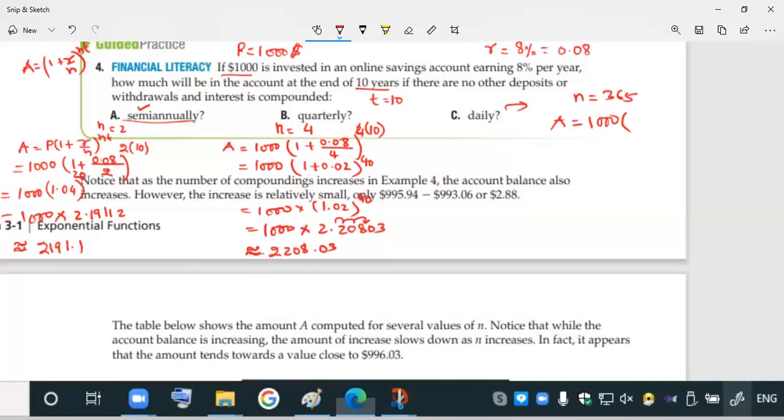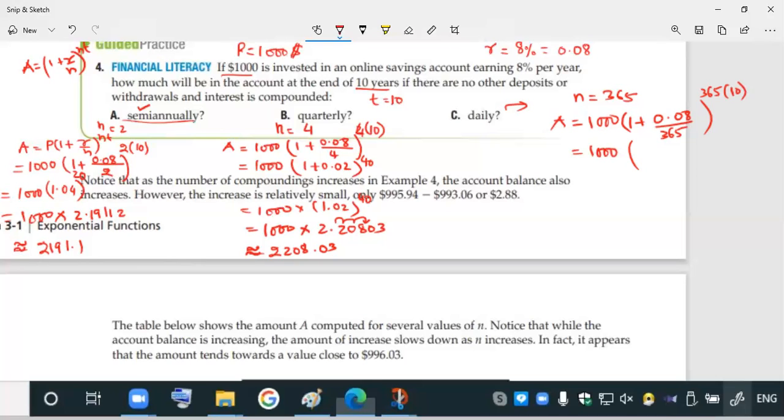So 1 plus r is 0.08 divided by 365 days, and here is 365 days, and for 10 years multiplied by 10. So we are getting 1000 and 0.08 divided by 365 plus 1.